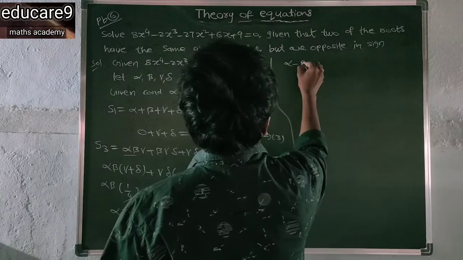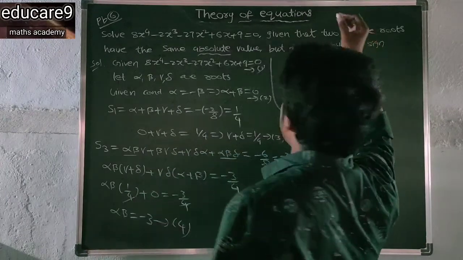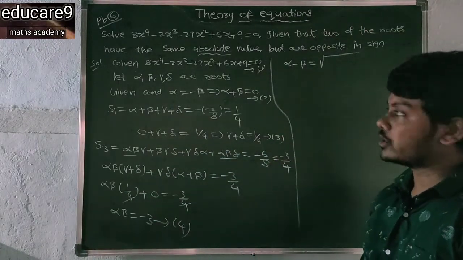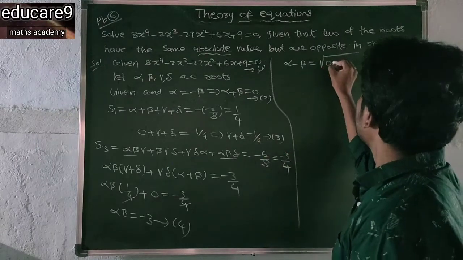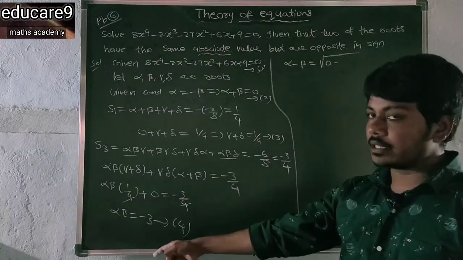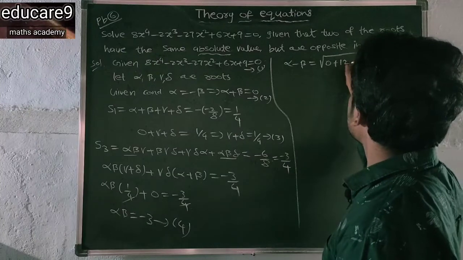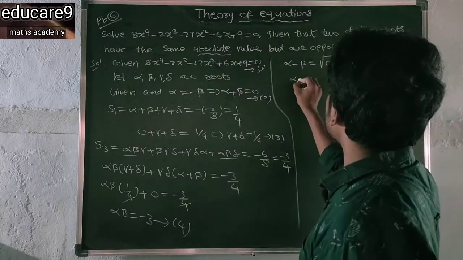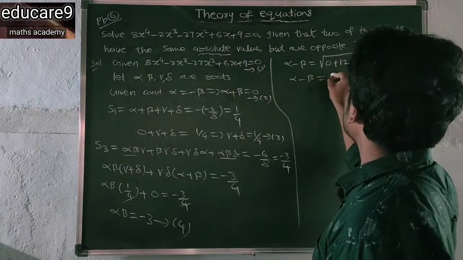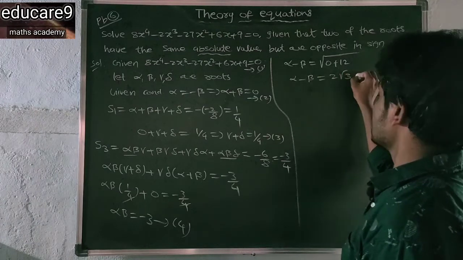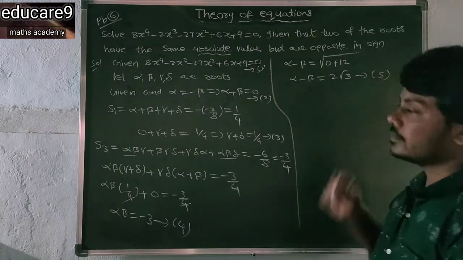So what is alpha minus beta? Square root of alpha plus beta whole square, that is 0, minus 4 alpha beta, that is 12. So clearly alpha minus beta value is what? 2 root 3. This is equation 5.